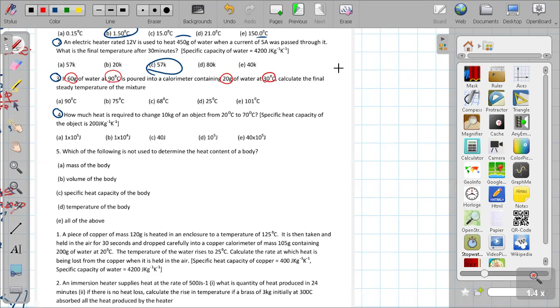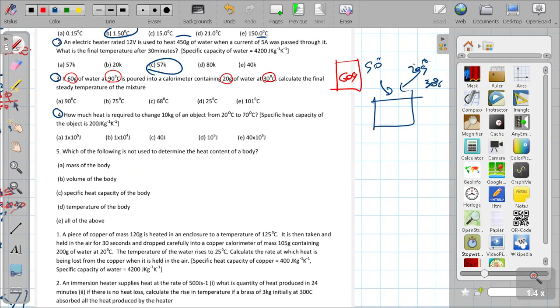Right. 60 gram of water at 90 degrees Celsius is poured into a calorimeter containing 20 gram of water at 30 degree Celsius. Now it becomes a mixture. Final temperature of the mixture.